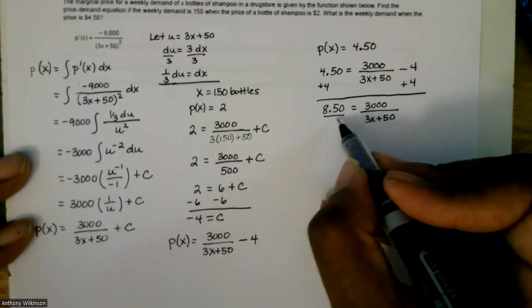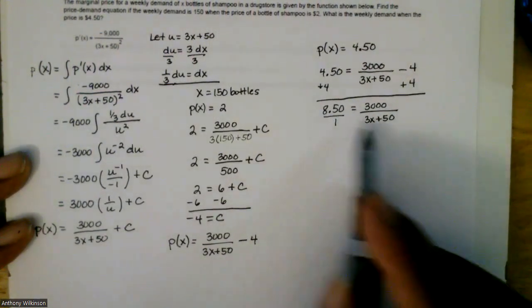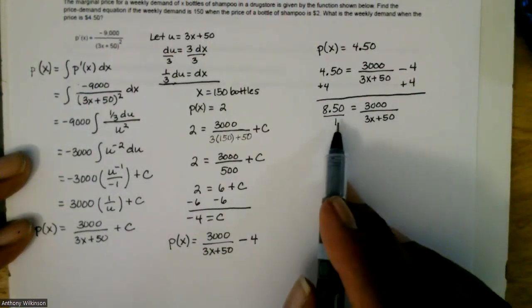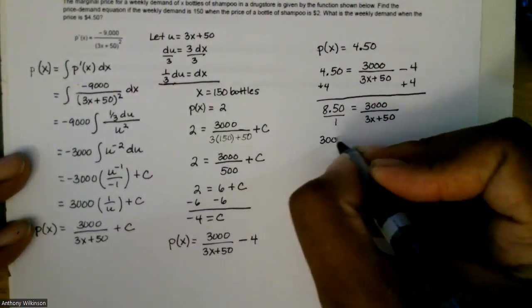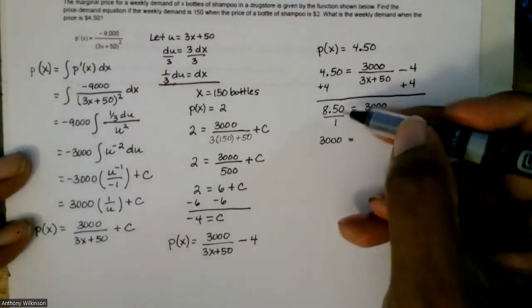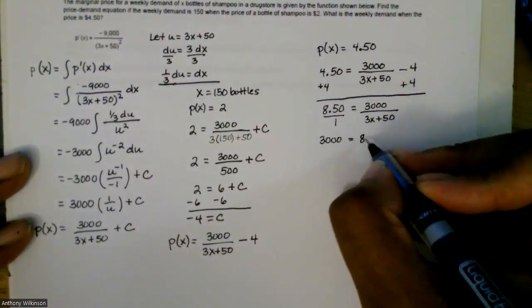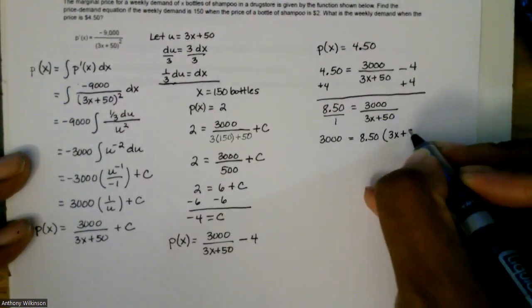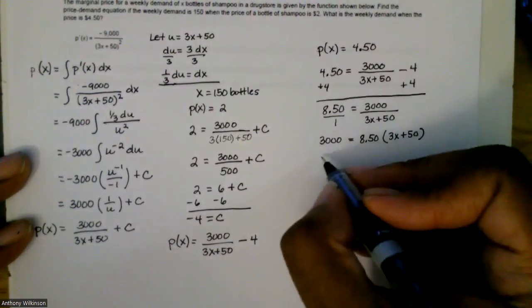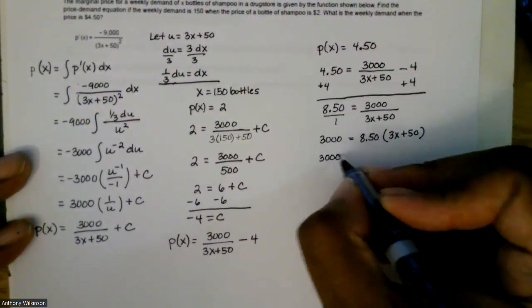I'm going to put 8.50 over 1 and do cross multiplication here. So 1 times 3,000 would be 3,000, and that's equal to 8.50 times the quantity 3x plus 50, and then distribute the 8.50.